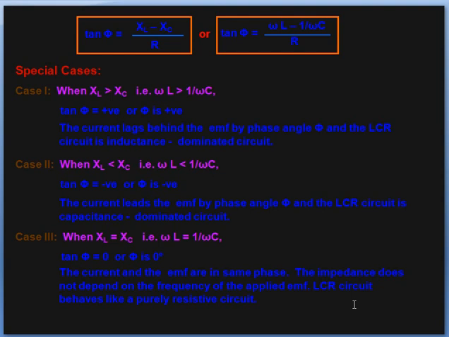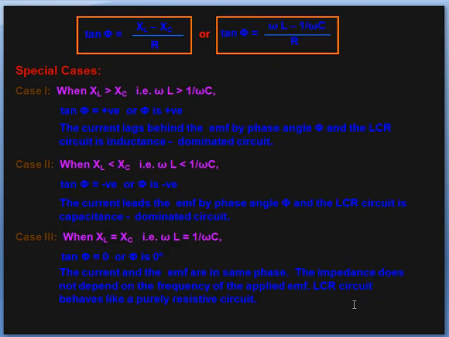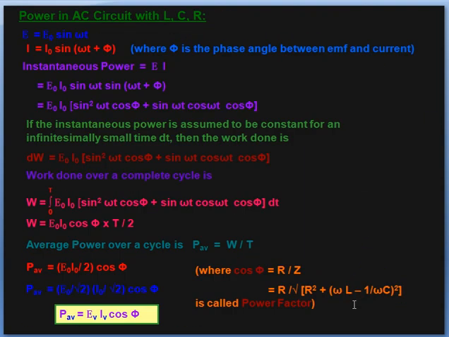And when XL is equal to XC, then tangent of phi will be 0, that is, phi will also be 0. So this is the simplest way to understand the series LCR circuit.